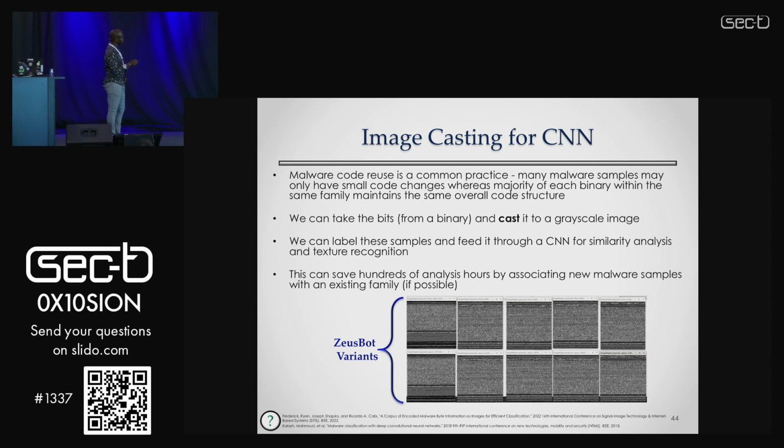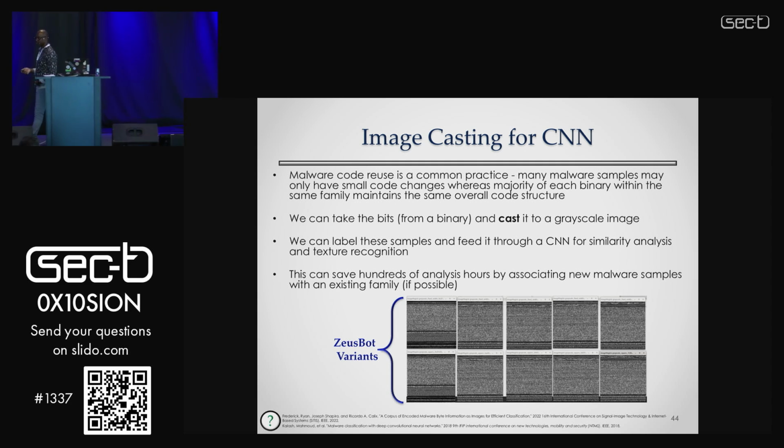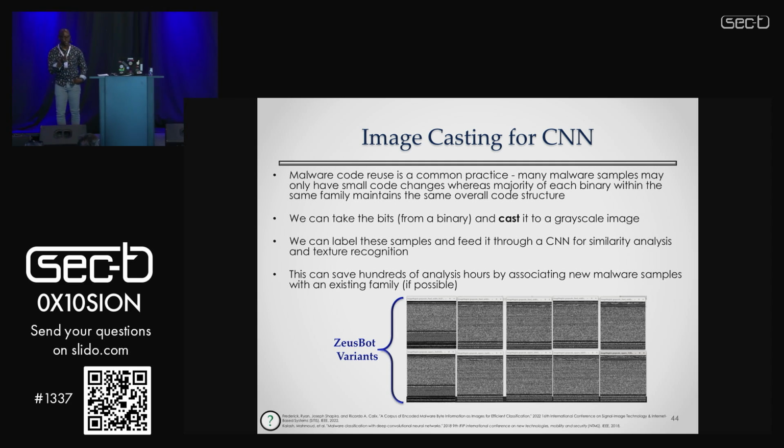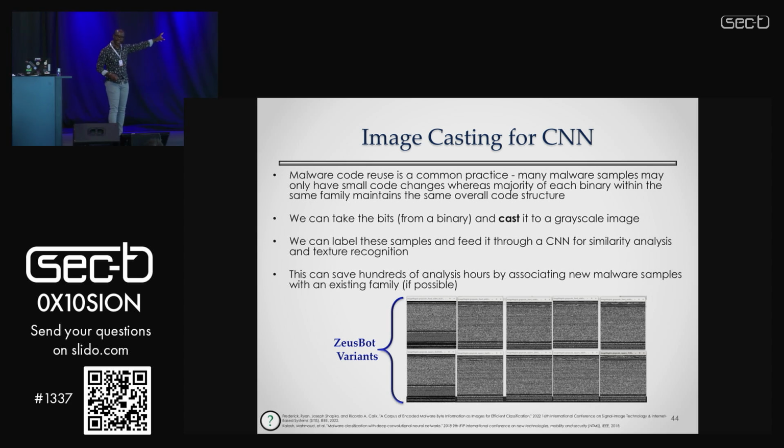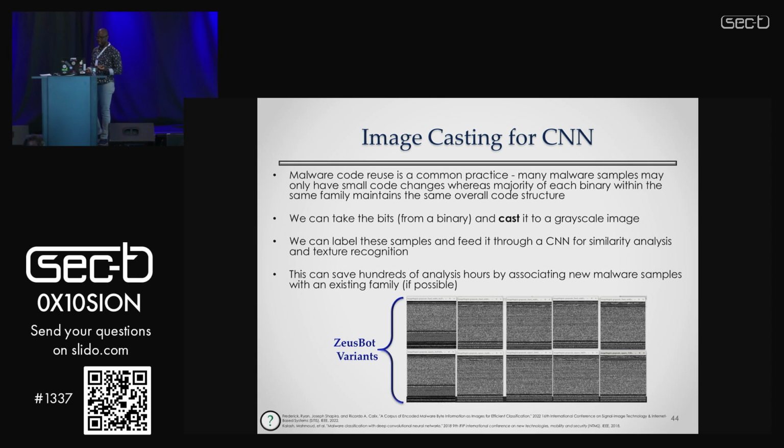So if you can see similarities within various samples, then we can use a convolutional neural network to find the similarities of those same samples, but at a finer level than what our eye can ever see. Then we can build our entire model to recognize the textures from previous samples, and also add this as a classification mechanism to detect new malware of specific variants that belong to specific families in the future.